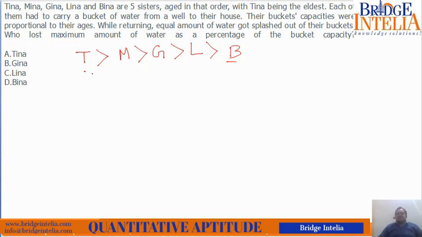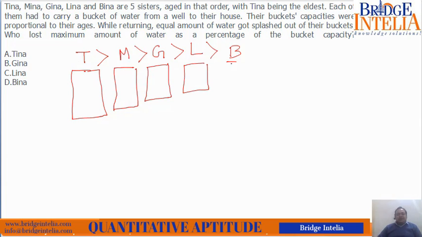That means the eldest is carrying the heaviest bucket, or the bucket having the maximum volume. So let's assume their buckets. The elder, the more the age, the more water you are carrying. So bucket size is decreasing. So this is what is meant. So bucket size is decreasing depending on the age.